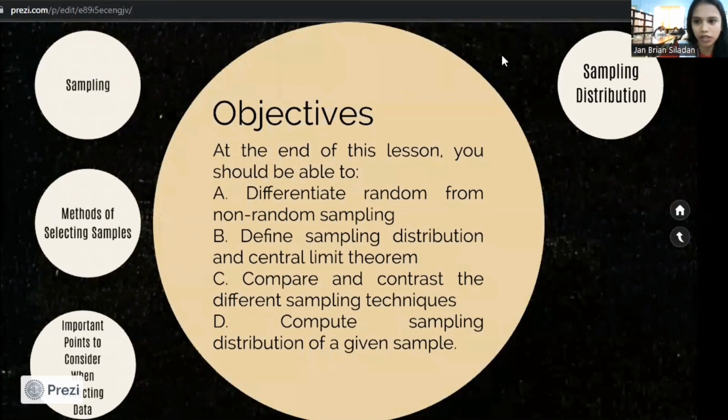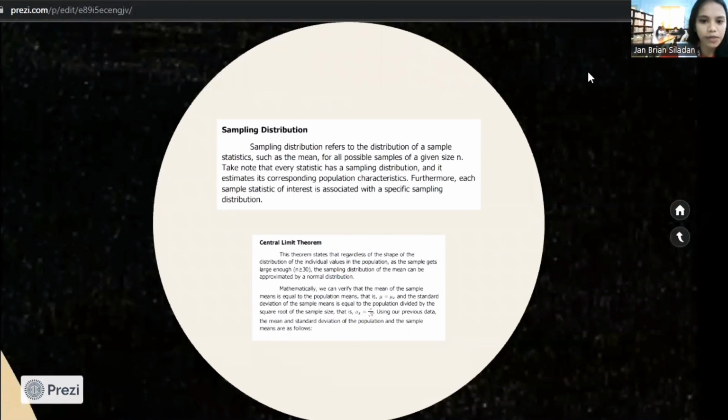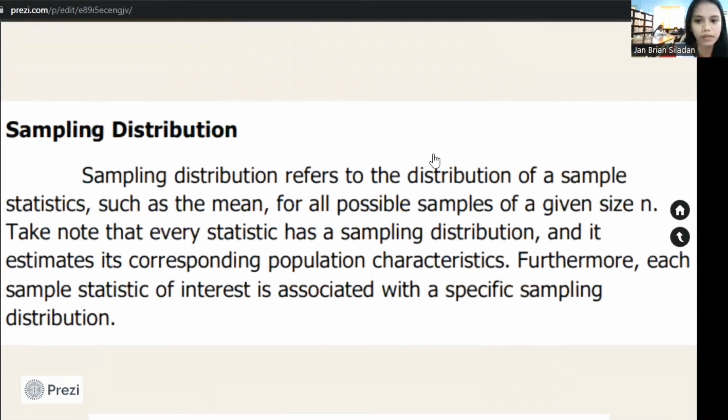Next, the sampling distribution. The sampling distribution refers to the distribution of sample statistics such as the mean of possible samples of a given size n. Take note that every statistic has a sampling distribution, and it estimates the corresponding population characteristic.